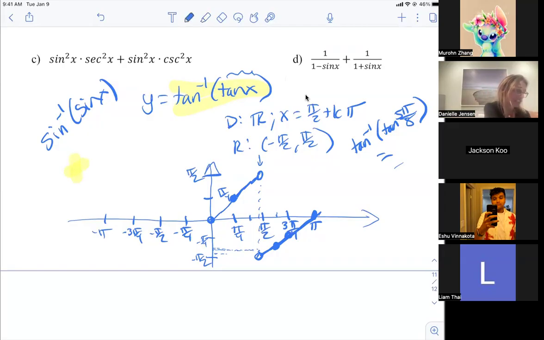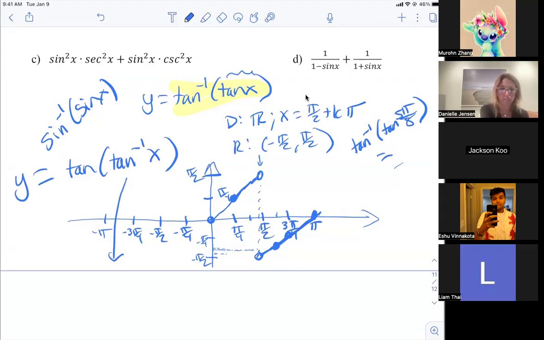That's a different story. If it was tan of inverse tan of x, the interesting thing is I could write this without trig, because I could set up a triangle. Although this one's easier, because you're right, they would undo each other.